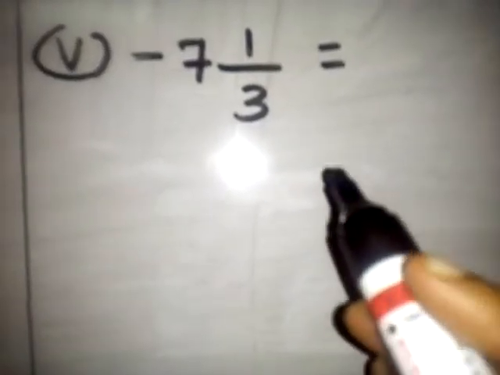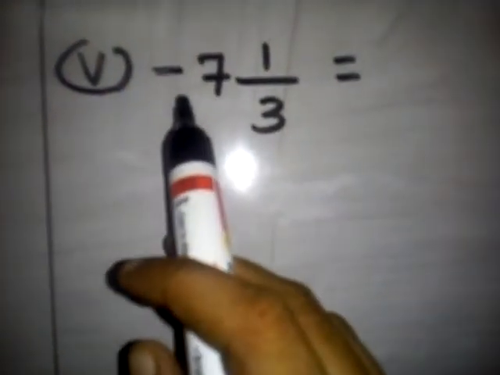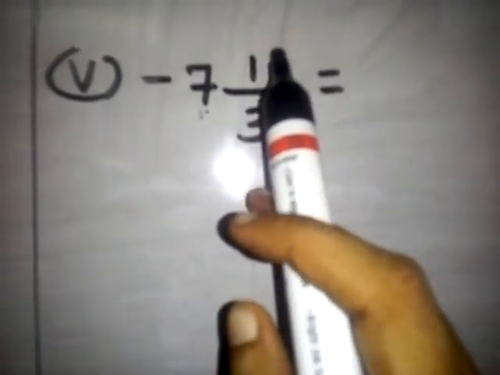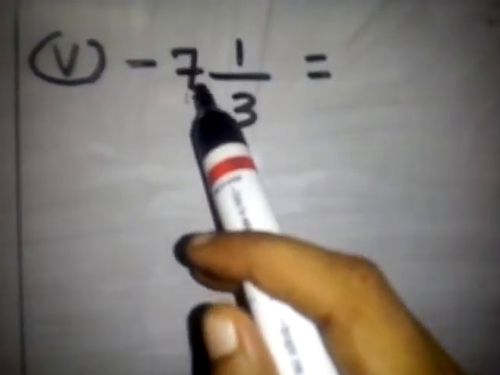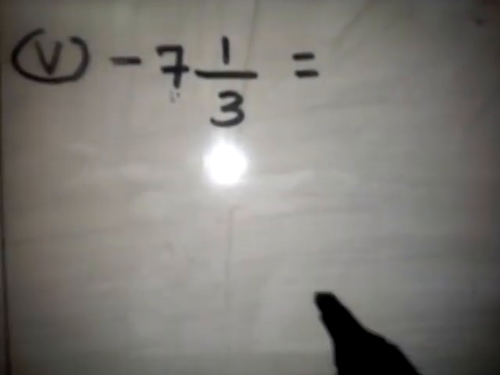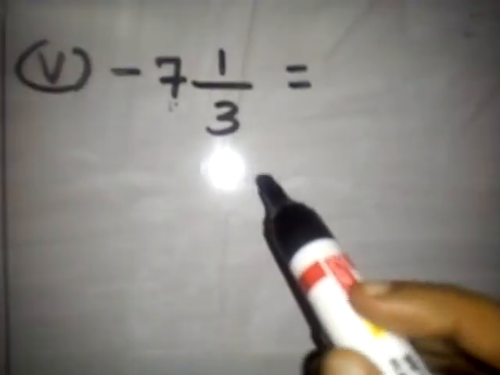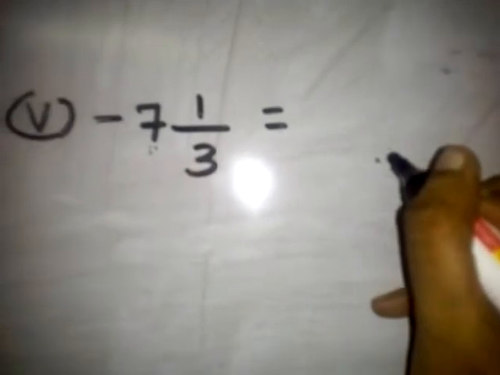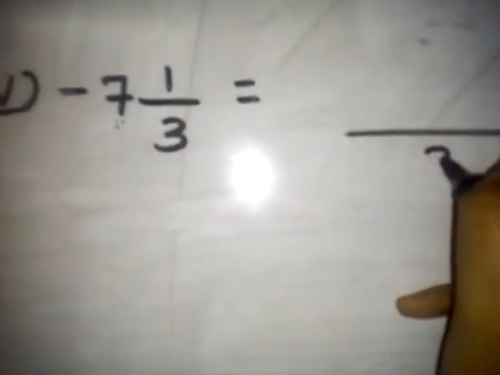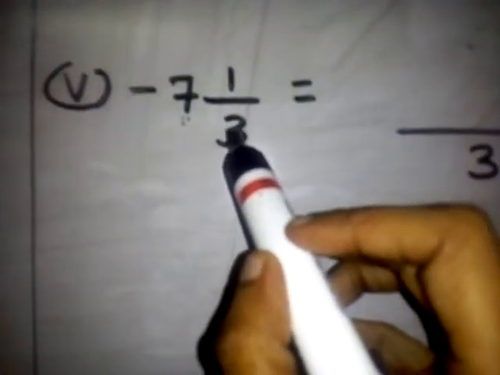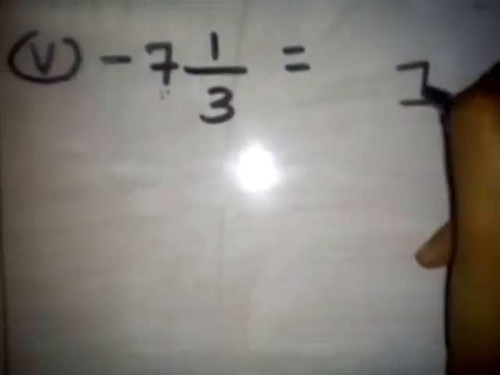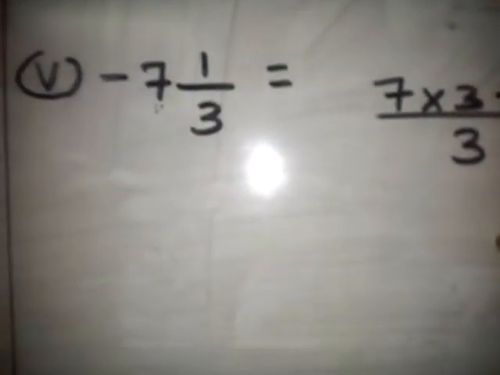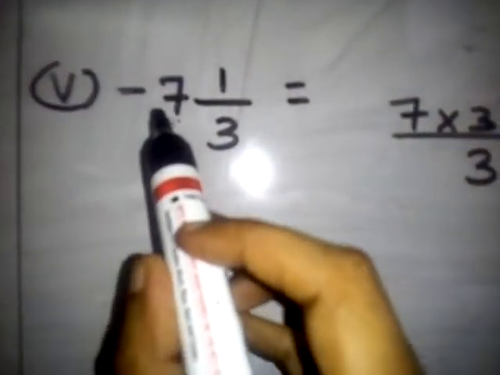Look at fifth one. This is a mixed number. Minus 7, 1 upon 3. This mixed number you have to convert into an improper fraction. How to convert to improper fraction I am teaching. Denominator 3 write as it is. This 3 in 7 multiplied by 3. Numerator, take it as plus. Minus sign you put as it is here.